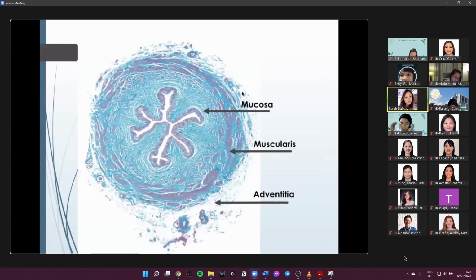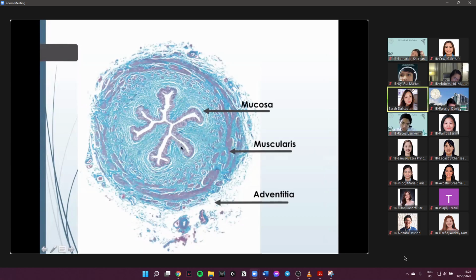So here, easily seen, no? Diba? So this one here will be your innermost portion, which is your mucosa, no? Followed by a very thick, actually this is lamina propria, no? And then you have your muscularis, tunica muscularis, and at the outermost you have your adventitia. Okay?